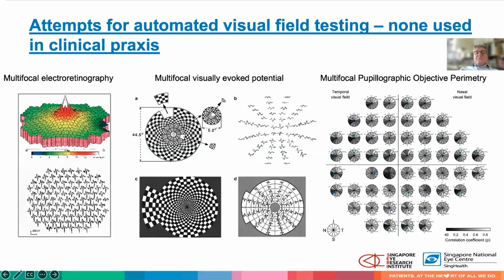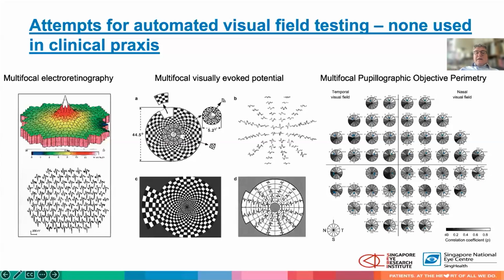There have been attempts at objective automated visual field testing, but the problem is that none is really used in clinical practice. Here I show you 3 of the key techniques. This is multifocal electroretinography, multifocal visually evoked potentials, and multifocal pupillographic objective perimetry.